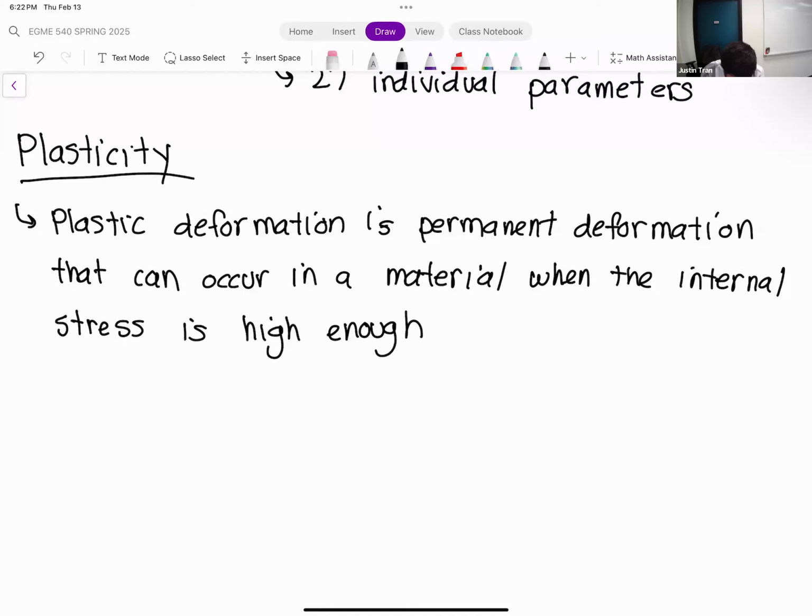Some people view plastic deformation as a departure from the linear stress-strain curve once the stress or strain gets high enough. And plastic deformation is the solution to the issue that we talked about earlier. If you apply loads that are high enough, and you're assuming a purely linear material, then everything is going to scale linearly. But once you reach a certain point, the stress-strain relationship in a material is not going to be linear.